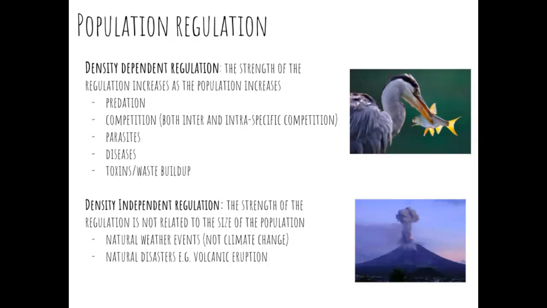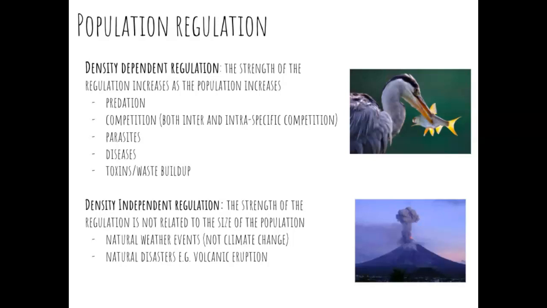But a better example would be something like a natural disaster, such as a volcanic eruption or something like that, where that volcano erupting could kill a lot of living things around it, but the volcano's not erupting because of the size of the population, and it's not going to kill more people simply because there's more people on the planet.